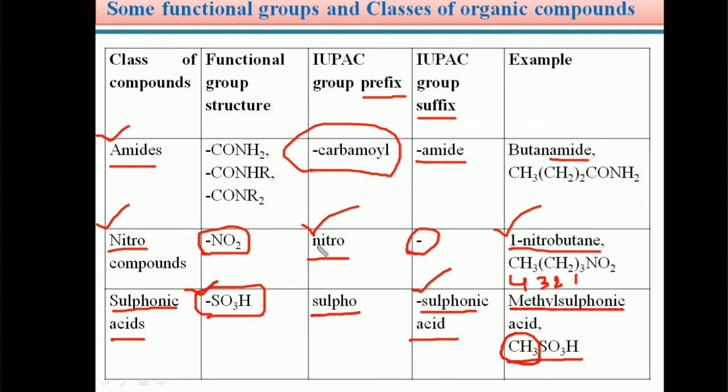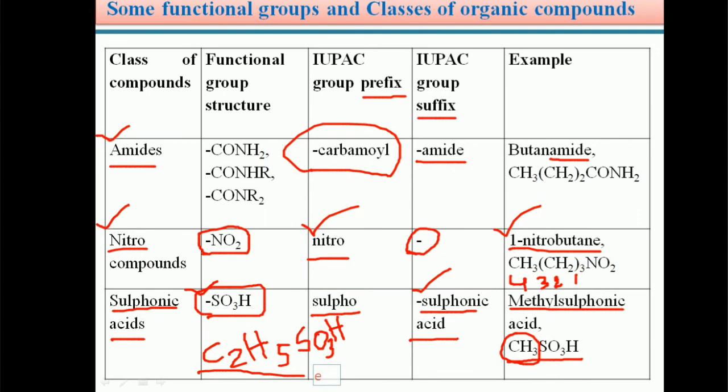Similarly, we can see one more example. C2H5 SO3H. Students, we know very well C2H5 means this is an ethyl group. Therefore, the IUPAC name of this compound is ethyl sulfonic acid.